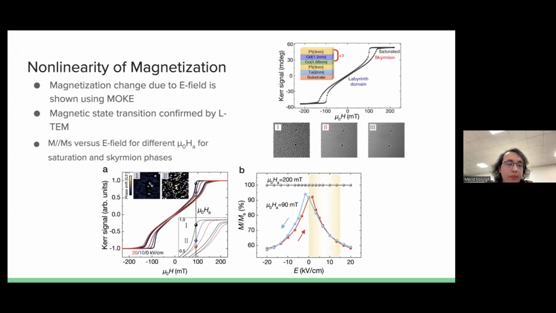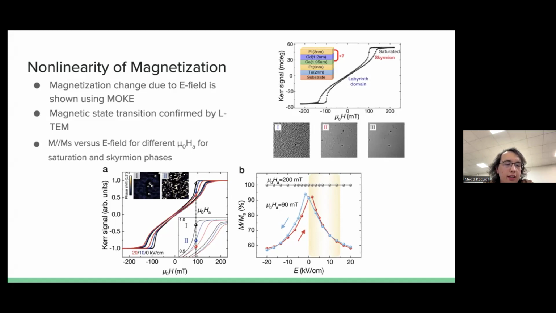Comparing the skyrmion area change and the magnetization change in the first figure A, and figure B, authors conclude that the magnetization decrease comes from the skyrmion density increase with the E field applied. As we can see, the yellow part in the figure B corresponds to our region used in the classification task. So as we can see, as the E field increases, the magnetization decreases at the skyrmion state.